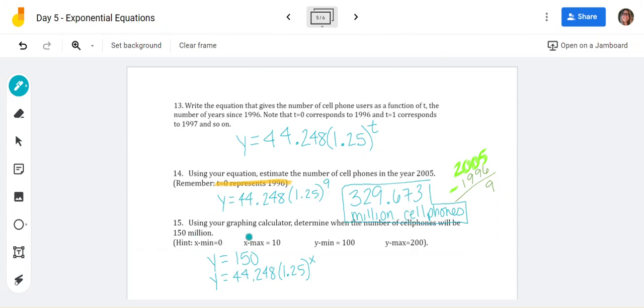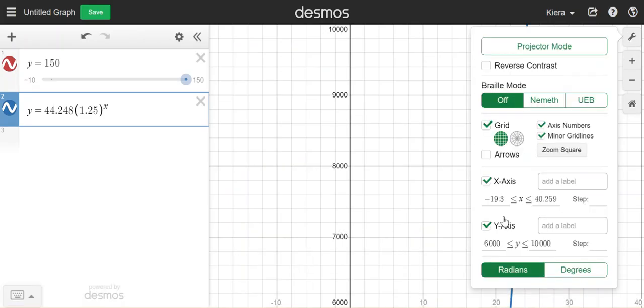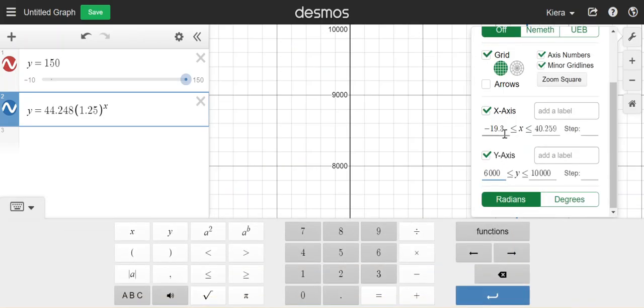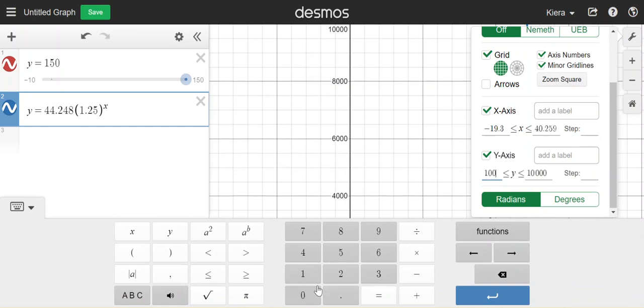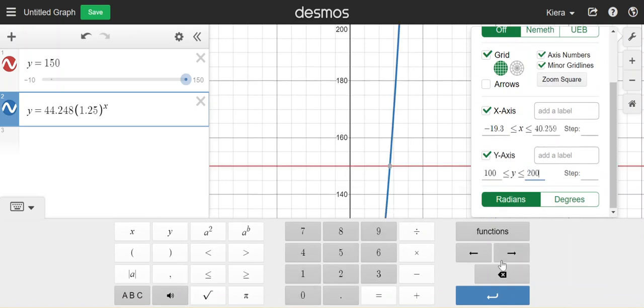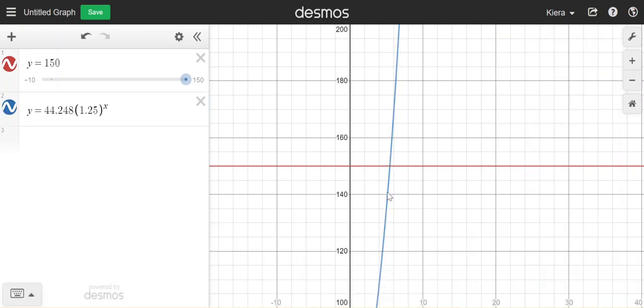I did give you a hint to make your lowest y 100 and your higher y 200, because we want 150 to be in the middle. Well, and now we're able to see our graphs, and they intersect at 5.471.